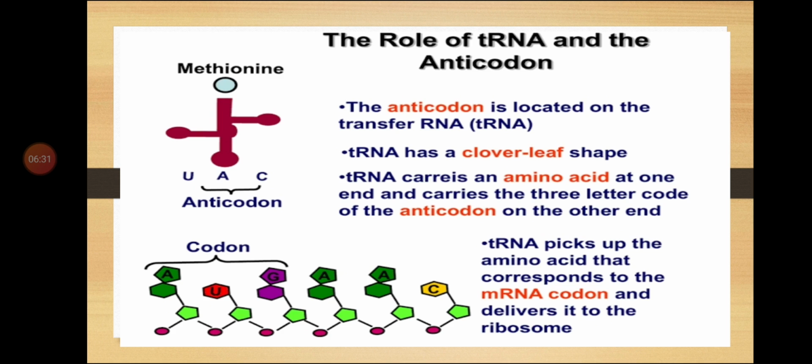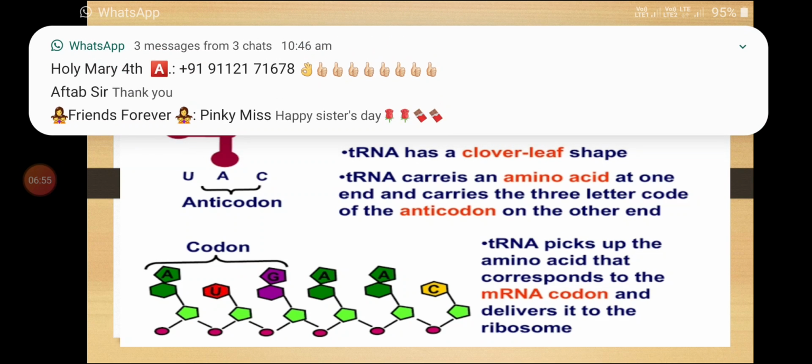See here, I have told you, methionine: initiator tRNA is specific for methionine, and on the other side it carries the anticodon. tRNA picks up the amino acid that corresponds to the mRNA codon and delivers it to the ribosomes.